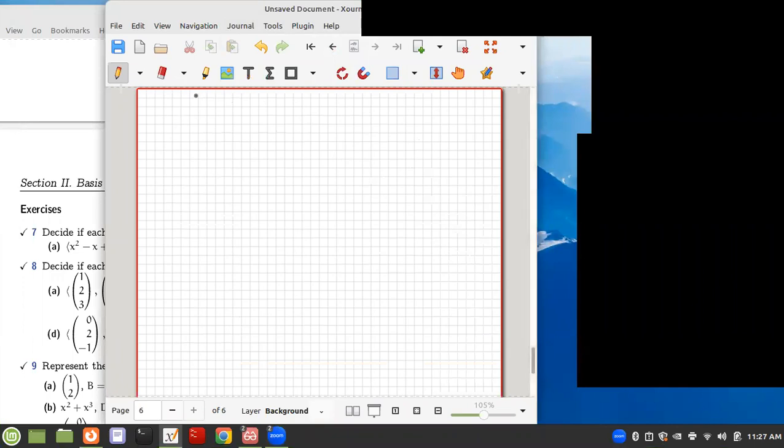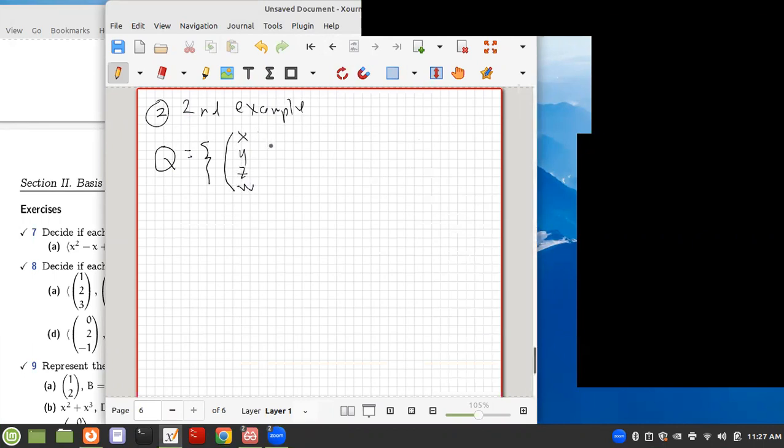So this is a second example. Let's take a space Q equals X, Y, Z, and W such that X minus Y equals 0 and, let's say, Z minus Y minus W equals 0, okay?